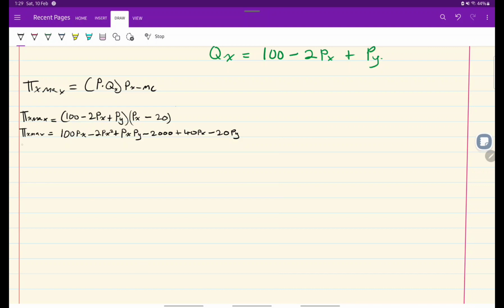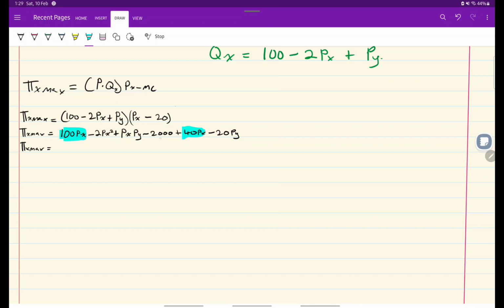Then you combine like terms. I haven't done this one either, so you're kind of coming along for the ride with me, which is why it won't be as great. So you have 100 Px there, you have 40 Px there.